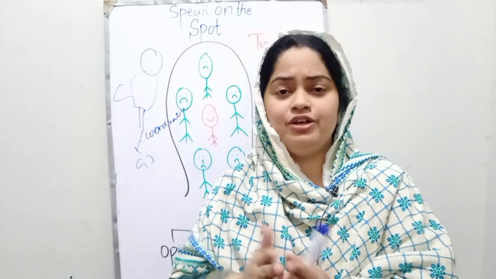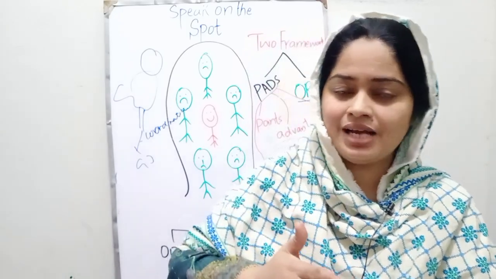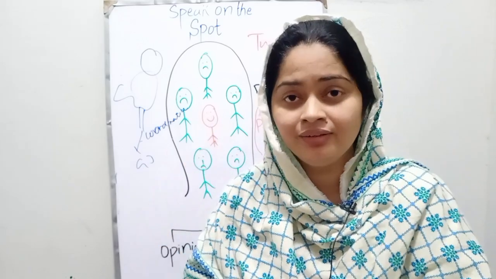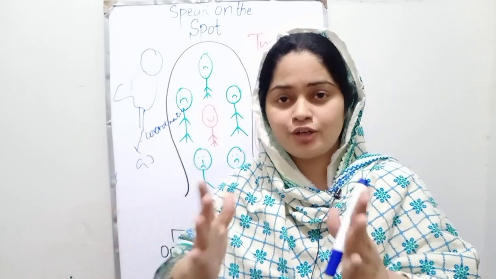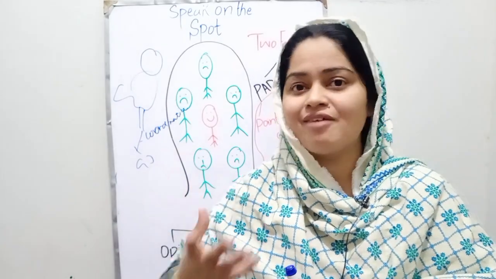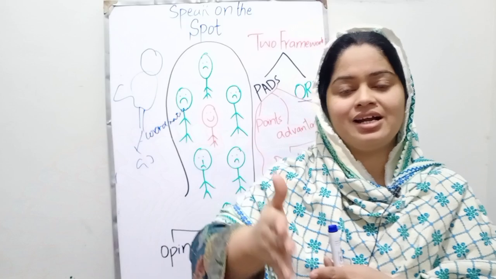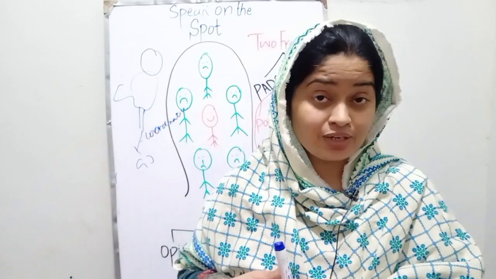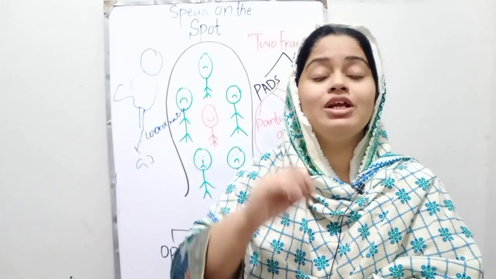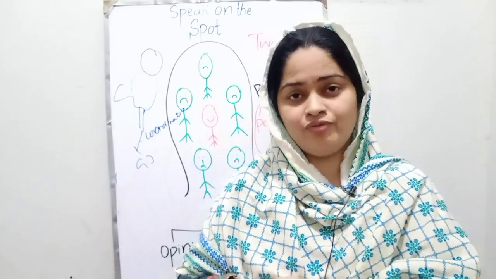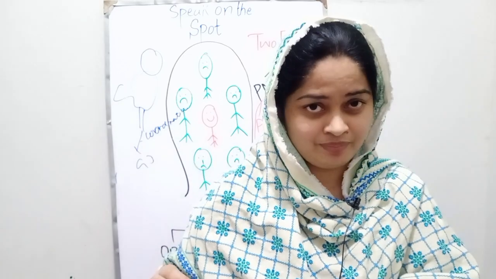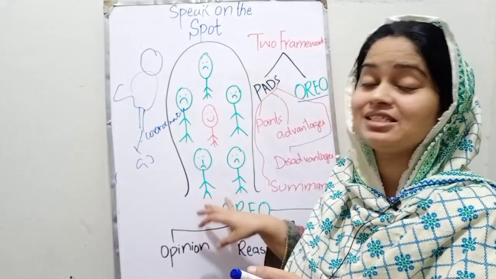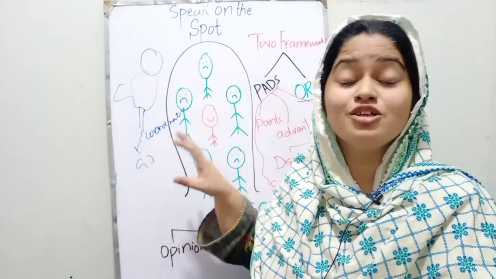Now, where you cannot describe advantages and disadvantages, where you cannot describe the two sides of the same coin, because everything has its pros and cons, where you have to describe only one point, only one thing, at that point this framework, this template suits the best.